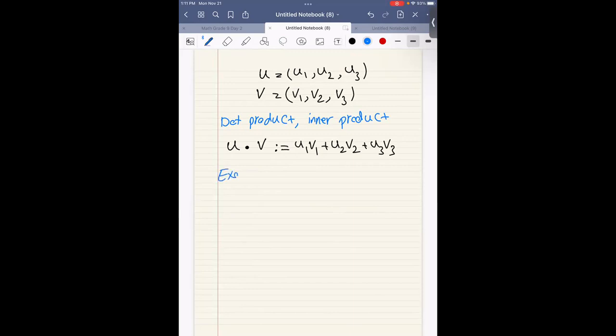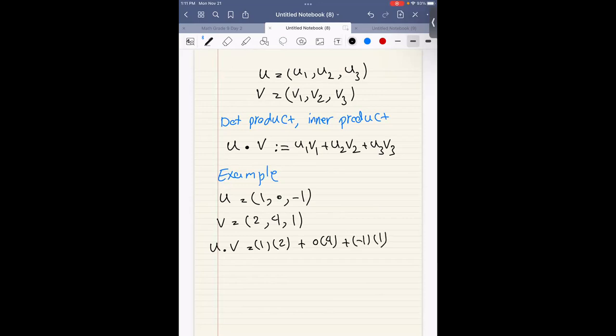For example, if you have these two vectors, u equal to 1, 0, minus 1, and v equal to 2, 4, 1, what is u dot v? u dot v is equal to 1 times 2 plus 0 times 4 plus minus 1 times 1, that is equal to 1.